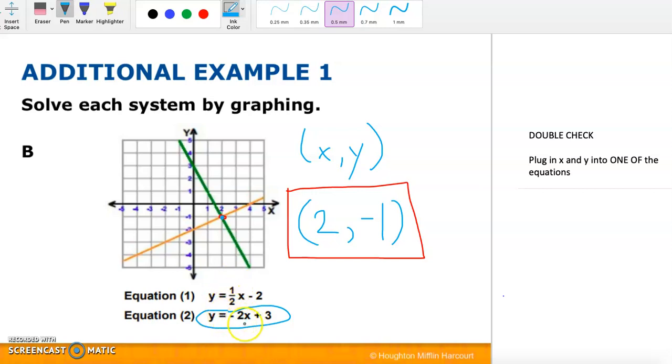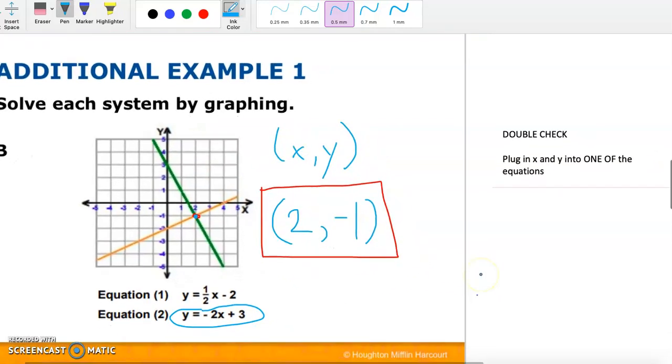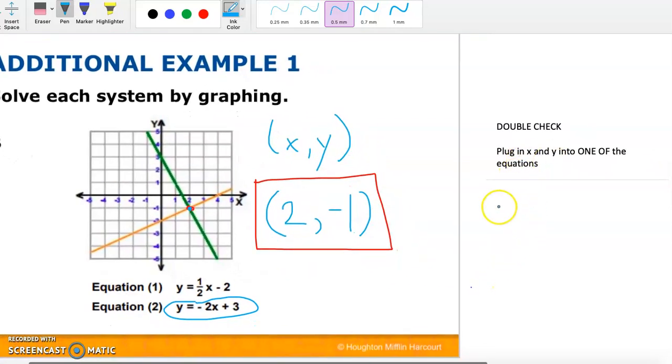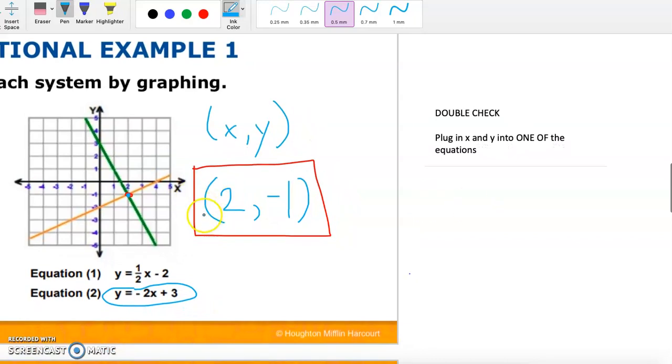I would rather work with a negative than a fraction. So when I say plug in x and y into one of the equations, I'm literally going to plug in my x value for x and my y value for y and see if it's still equal on both sides. So I'm going to rewrite my equation: y equals -2x plus 3.